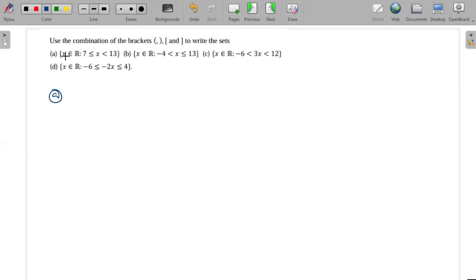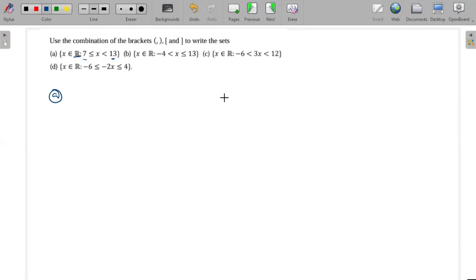It says it's a set of X such that X is a member of the real numbers. This R just says real numbers, such that X is in between 7 and 13. But where there is 7, there's a less than or equal to symbol, so it means that 7 is part of my set.